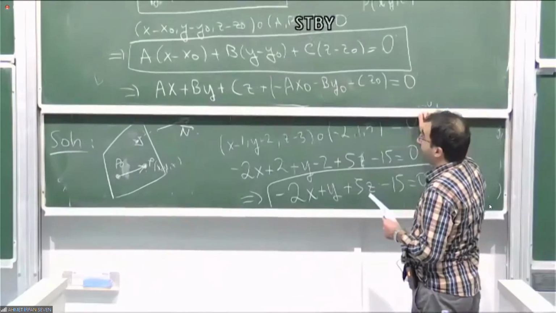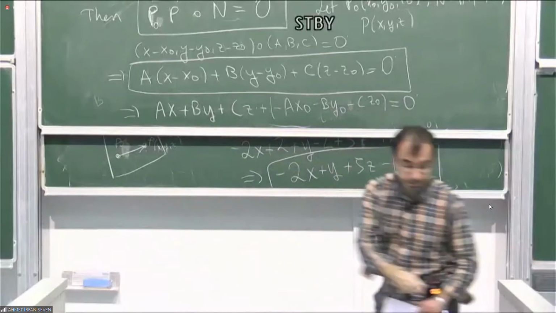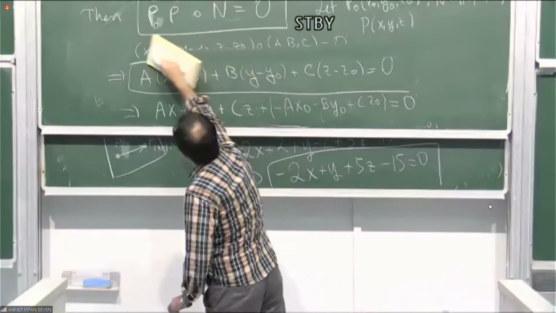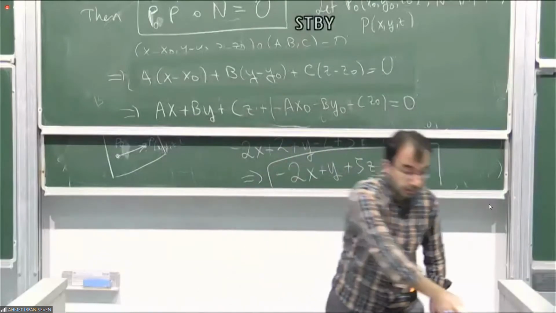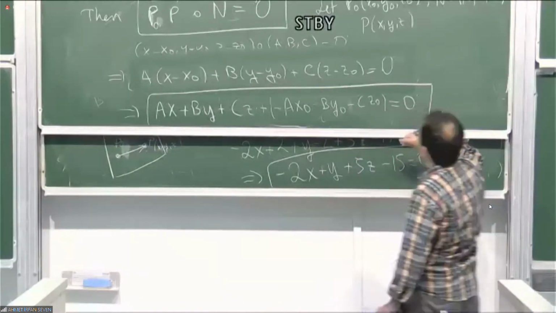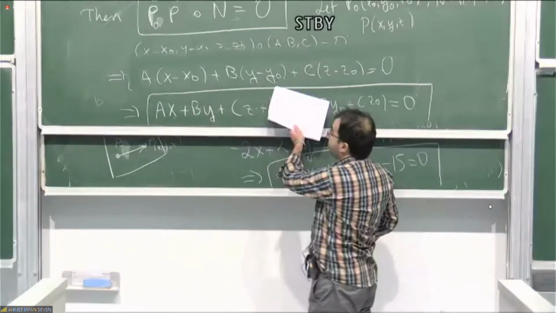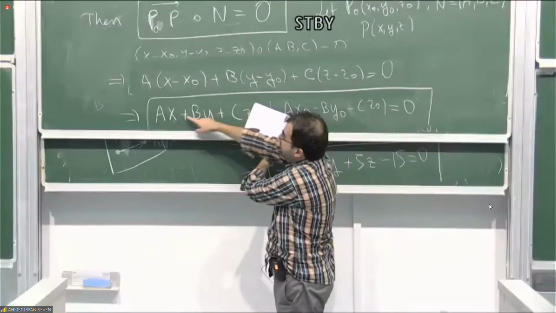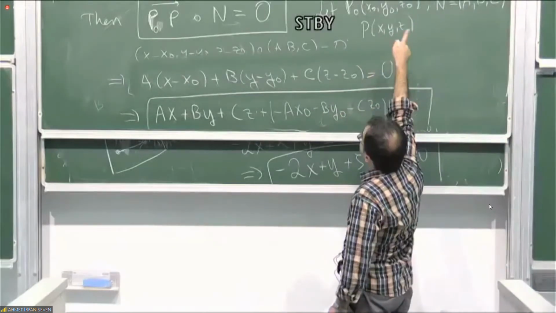Okay, so let me draw your attention to something. In general, as I said, the equation of a plane, when we write it out, the final form of the equation will be like that. In this equation there will be x, y, and z, so first degree terms. And you notice that the numbers in front of these x, y, and z are going to be the components of the normal vector.